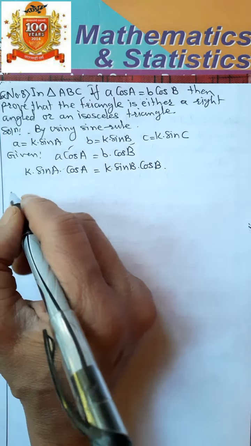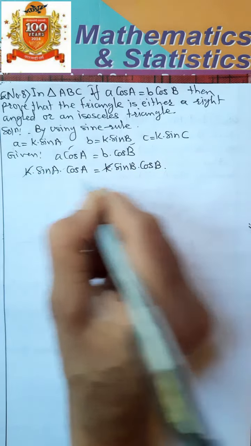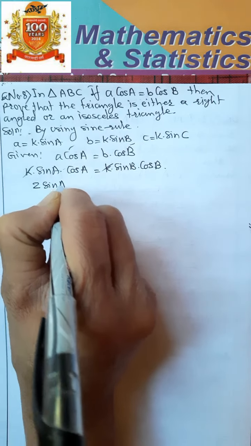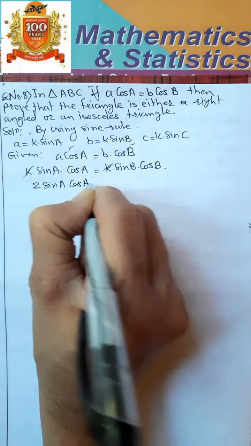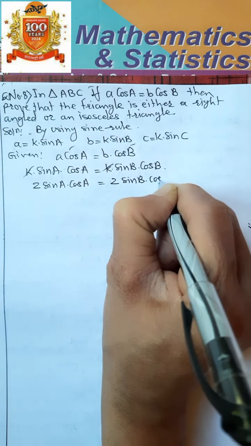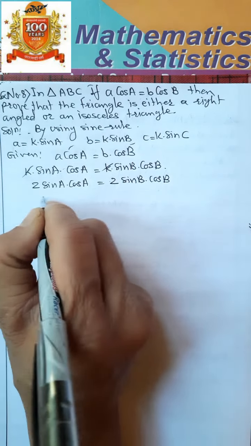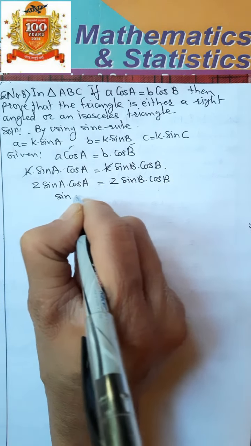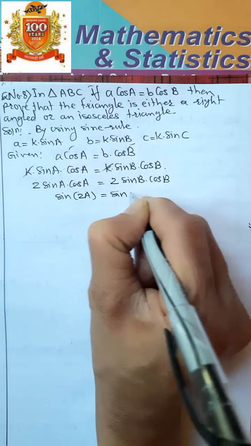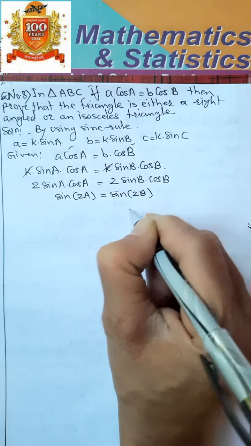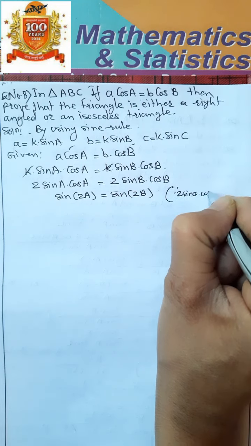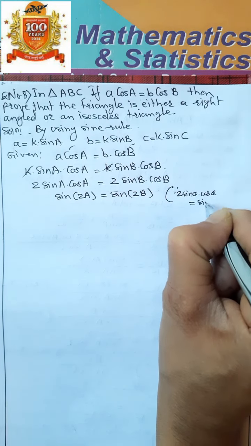Now k gets cancelled. We can write, multiplying by 2, 2 sin A into cos A is equal to 2 sin B into cos B. This is nothing but sin 2A is equal to sin 2B, since 2 sin theta into cos theta is equal to sin 2 theta.